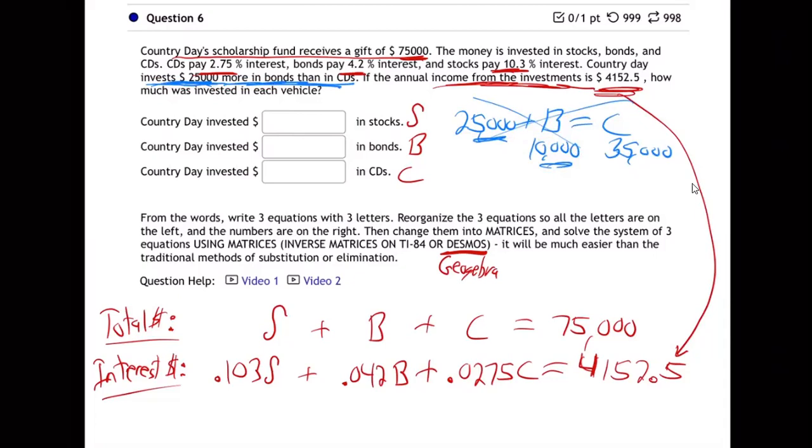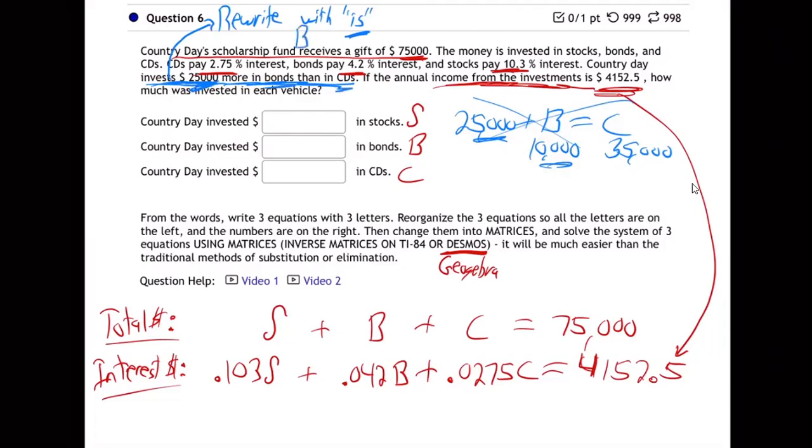My other tip is, anytime you have a difficult sentence, rewrite it with an is. Is is a beautiful English word because it means equals. So take the truth of what they're saying and rewrite it with an is. Let me see. 25,000 more in bonds than CDs.